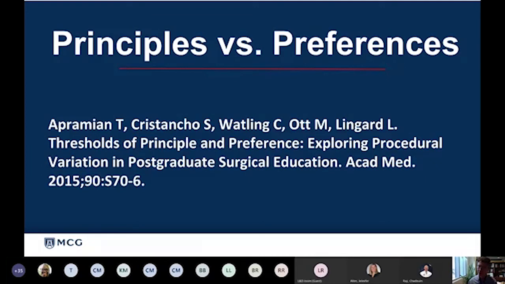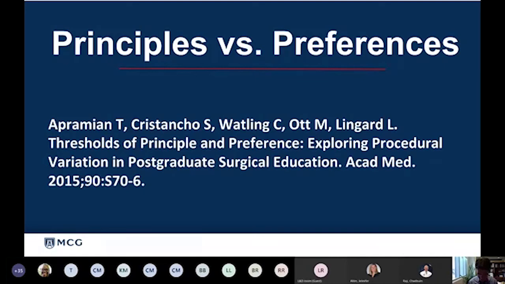It's a fine balance that learners are trying to respect the hierarchy as well as try to internalize and understand what's being taught to them. Is it a principle or a preference?